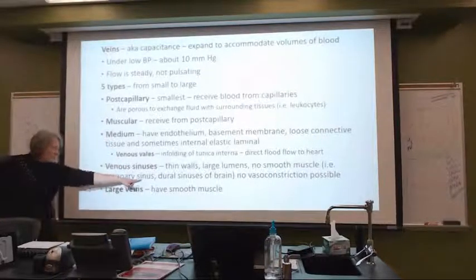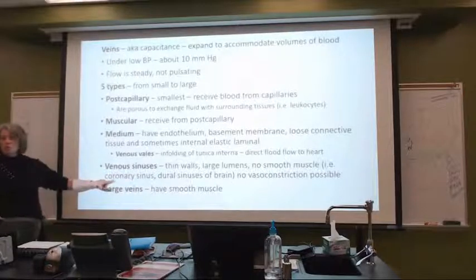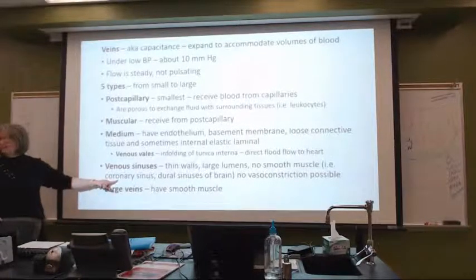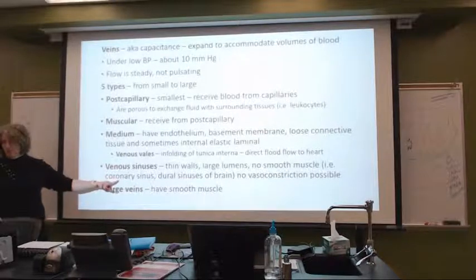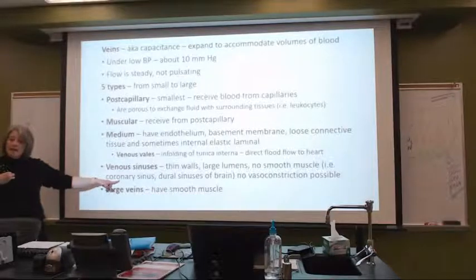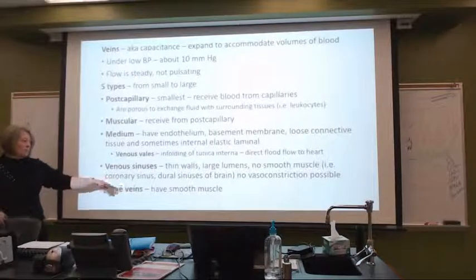Do you guys remember, for example, the coronary sinus, which was part of my coronary blood flow? And the blood kind of came back to that sinus until the heart contracted, and then it moved into the right atria.